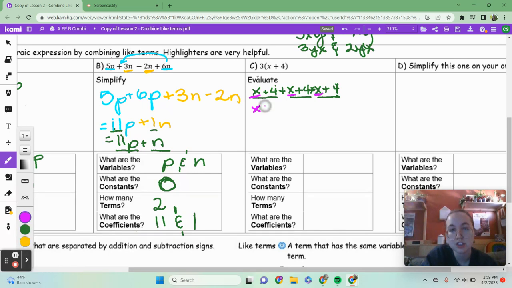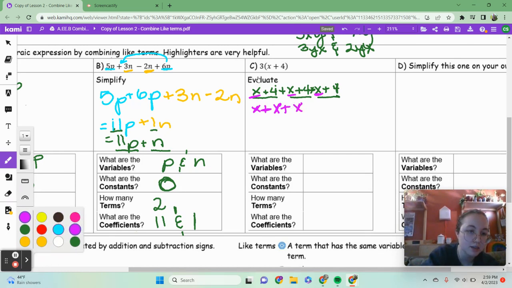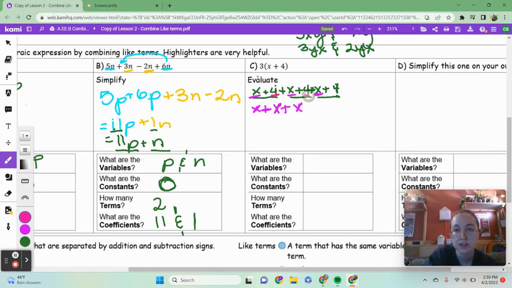I'm keeping the addition with the addition. And I want to keep the like terms with themselves. So I have x plus x plus x. And then my other like terms that I can combine are 4, 4, 4. Those are all numbers. I can combine all those numbers. So plus 4, plus 4, plus 4.